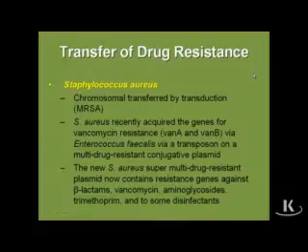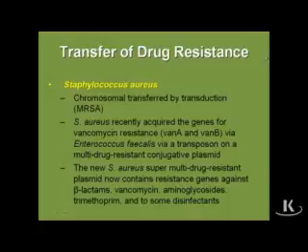Now, Staph aureus, we're back to our superbug MRSA. Okay? Now, initially, the methicillin resistance for this little guy was acquired by transduction. It was chromosomal mediated, and we had a transduction event that took it from one cell to another.